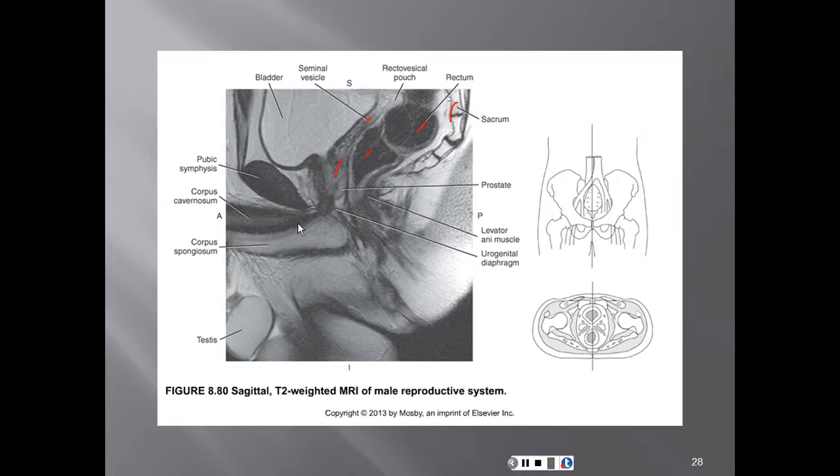And from the prostate you have, this is the bladder, so the urethra is coming down through there, and the urethra will go through the prostate and travel through there. Membranous urethra, penile urethra, prostatic urethra.